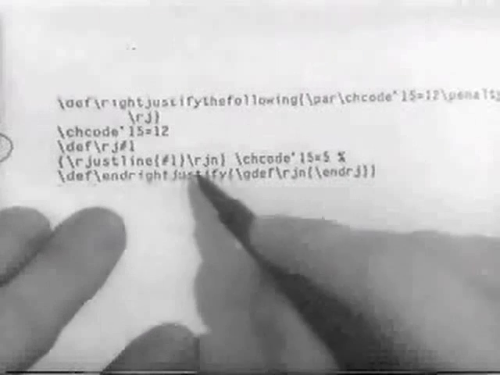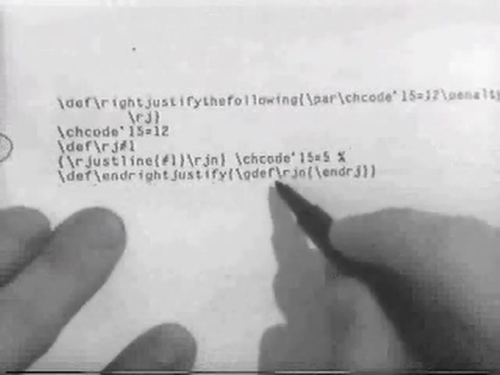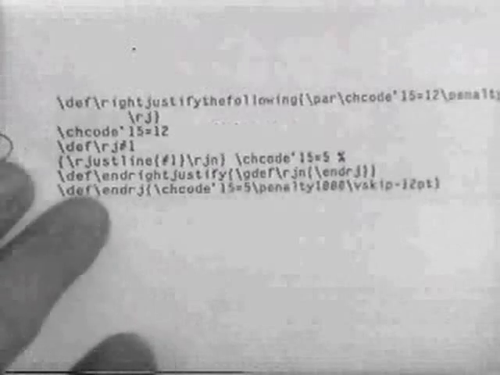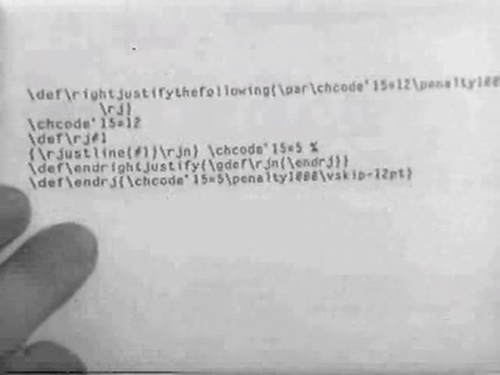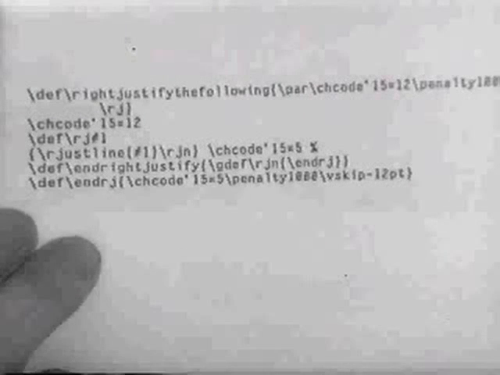I defined end write justify to change rjn to be end rj macro. So we get a write justified line of nothing, and then rjn is now end rj. So now we get out, and the final concluding thing is to change the code of carriage return back to 5, and then skip back over the blank line that we ended with. That was the way to do it.